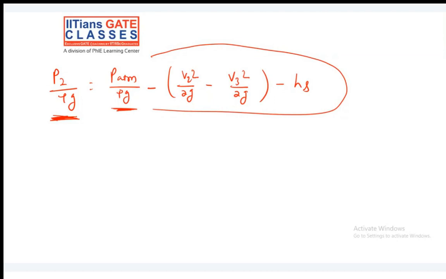This is what helps to increase the net head working upon the turbine.